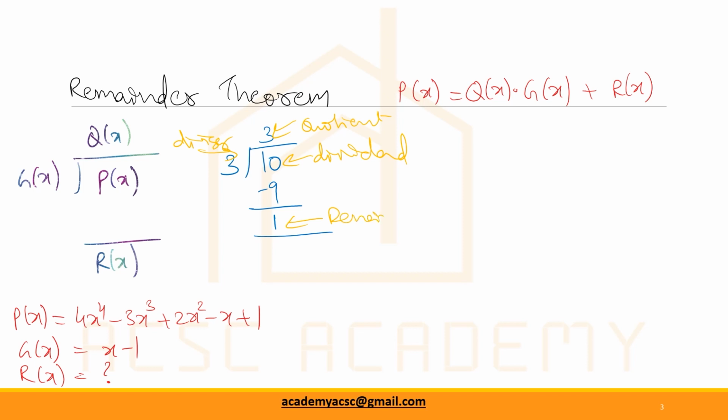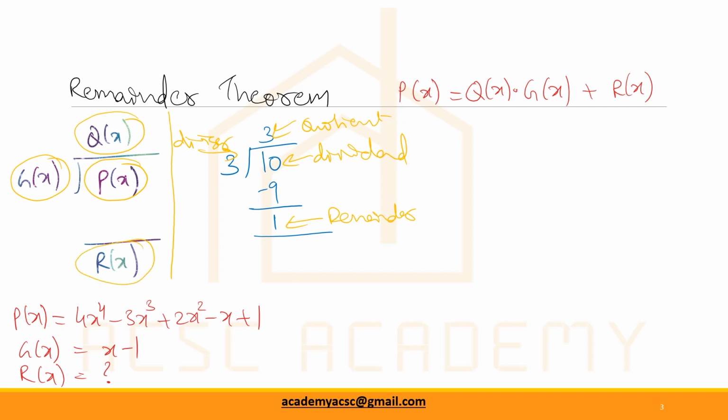In the same way we perform the division of polynomials as well. If p of x is a polynomial which is to be divided by another polynomial g of x, then we get the quotient as q of x and the remainder as r of x.